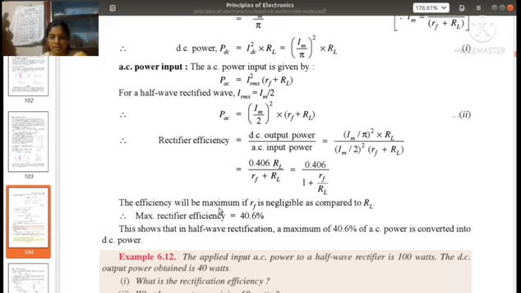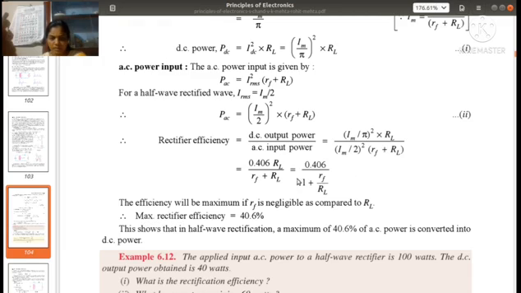From this, the efficiency will be maximum if Rf is negligible as compared to RL. That means this will be maximum when the numerator is 1, that is, this factor is very small. So this will become 1 plus this small factor, and so the efficiency will become maximum.